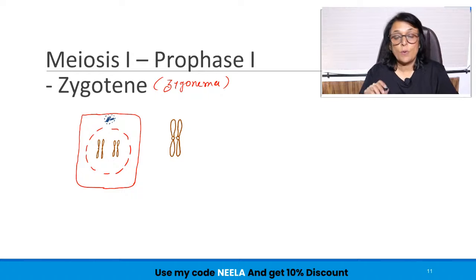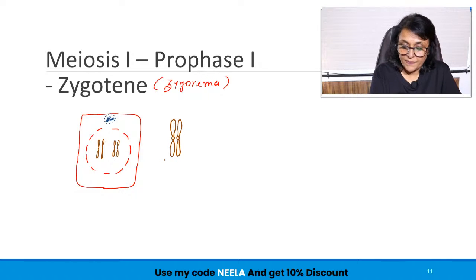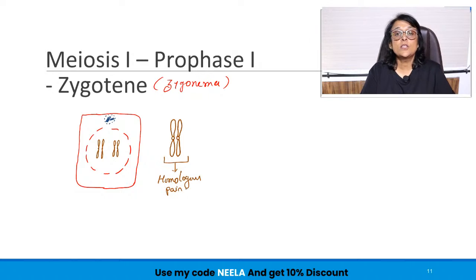Okay, so I was talking about this pairing. So this pair is called homologous pair. Homologous pair is a pair which has the same genes at the same locus.